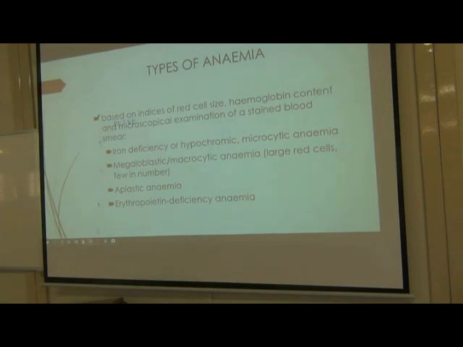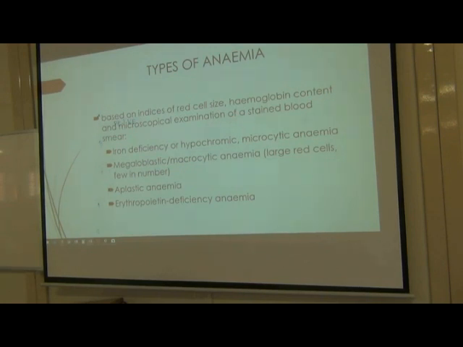And one anemia based on the content of hemoglobin is iron deficiency anemia. Another one based on the size is your megaloblastic anemia. Also with the iron deficiency microcytic, you would see that the red blood cells are smaller.